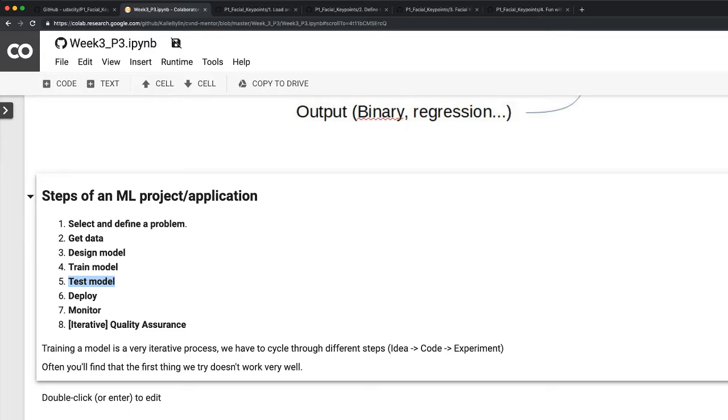But if the validation and test data are from different distributions, then you can't actually make this conclusion, because you could be bumping into other problems. Other possible problems are that the test set is actually harder than the validation set.